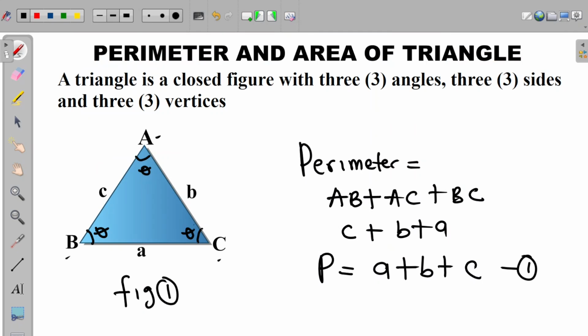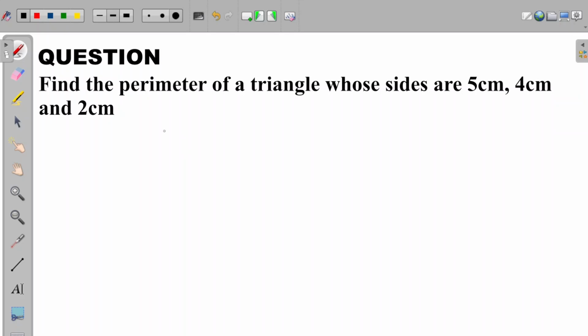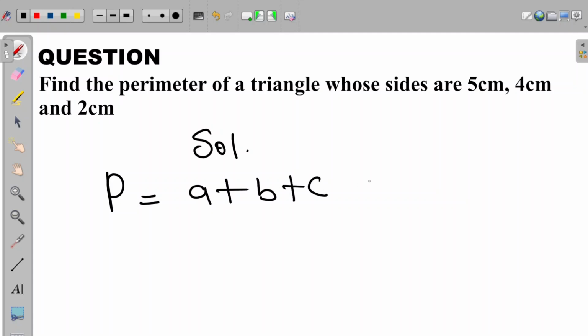So let's solve an example on perimeter of a triangle. The question says, find the perimeter of a triangle whose sides are 5 cm, 4 cm, and 2 cm. We are given that the perimeter of a triangle is the summation of all the sides of the triangle. So perimeter is equal to A plus B plus C. A here is equal to 5 cm, B is equal to 4 cm, and C is equal to 2 cm.